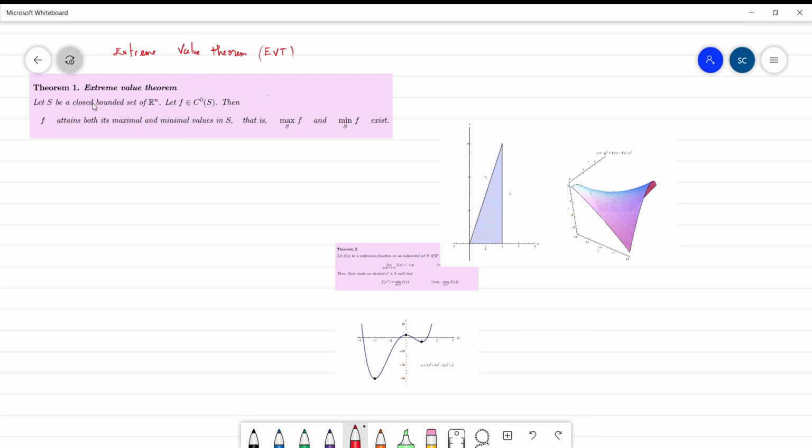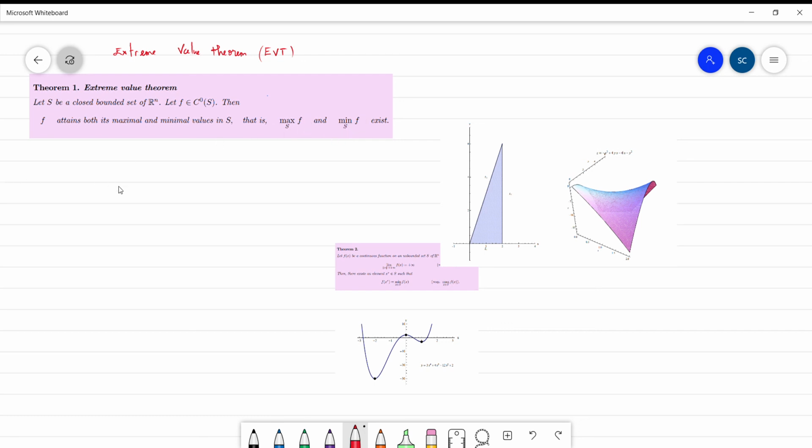And we need our function to be just continuous, which is a weaker condition than C2 differentiability. Then f attains, for sure, its maximum and minimum value on S somewhere. That is, the maximum exists, and there exists a point somewhere in S where the maximum is attained and the minimum is attained.